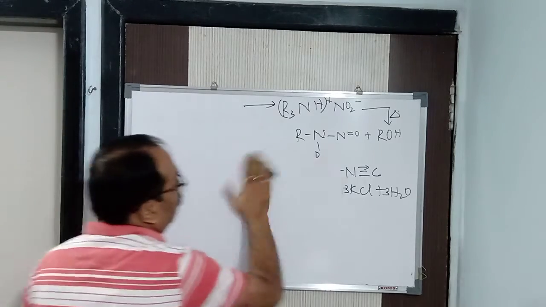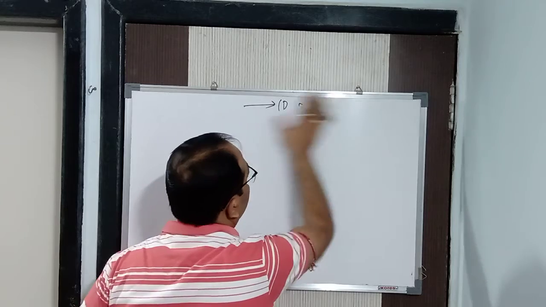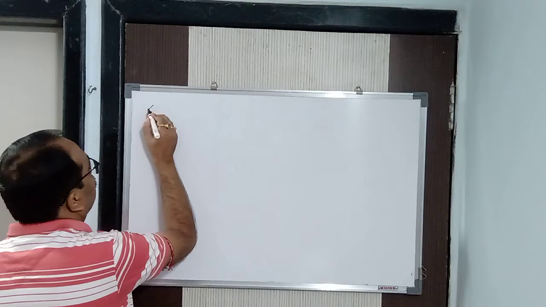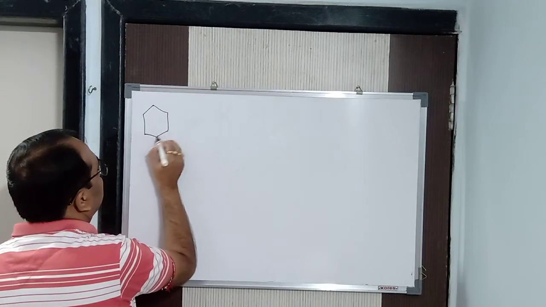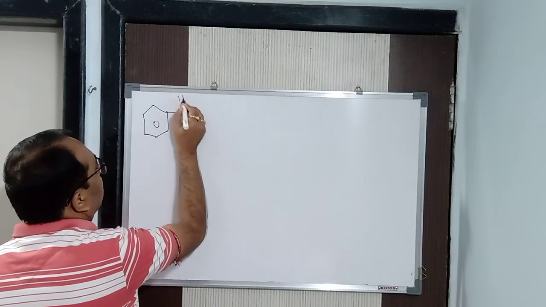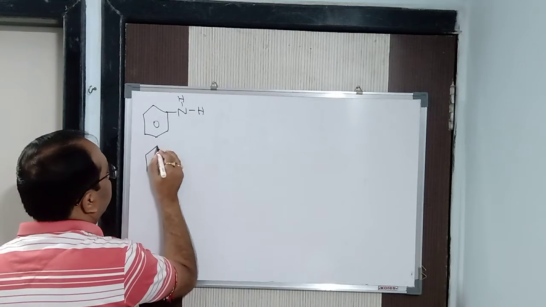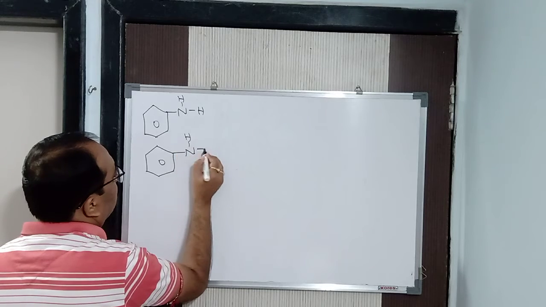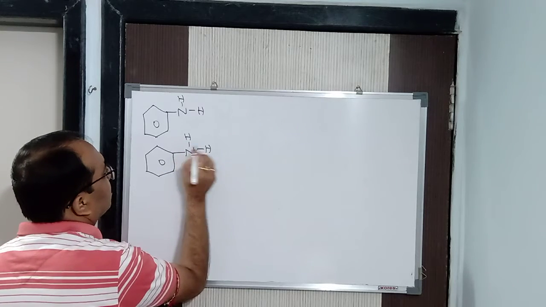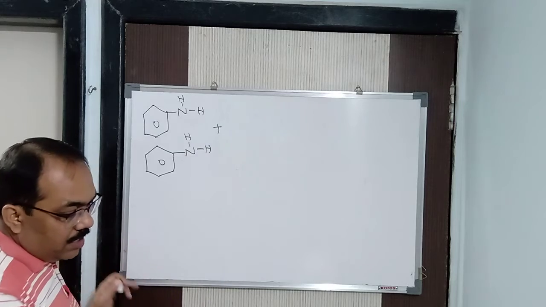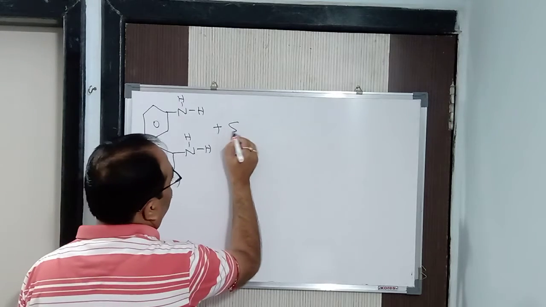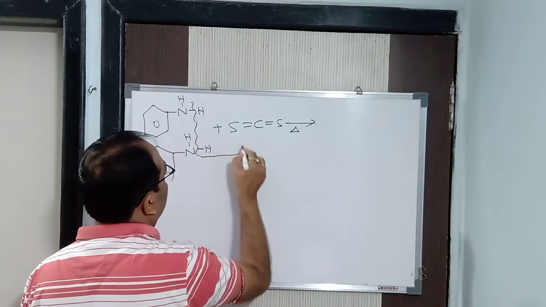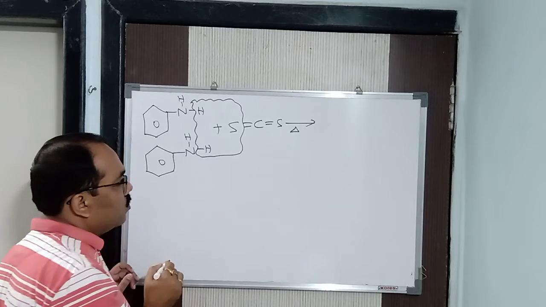Here that is a benzene ring with NH2, another benzene ring with NH2, plus CS2, that is S double bond C double bond S, and I will be heating it. What will happen is, H2S will be produced instead of water.